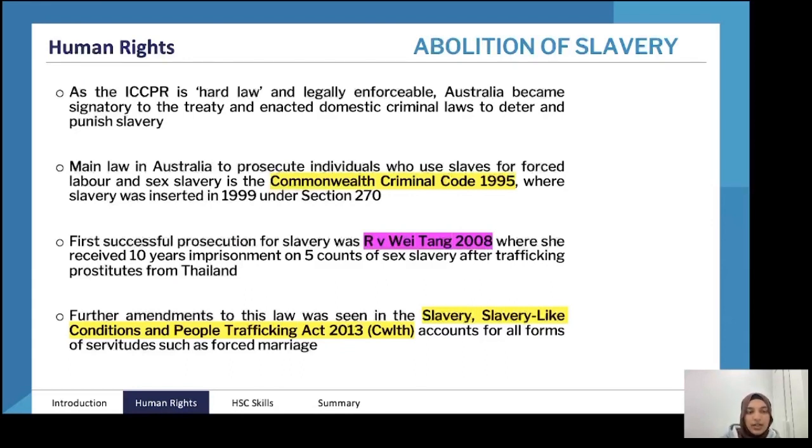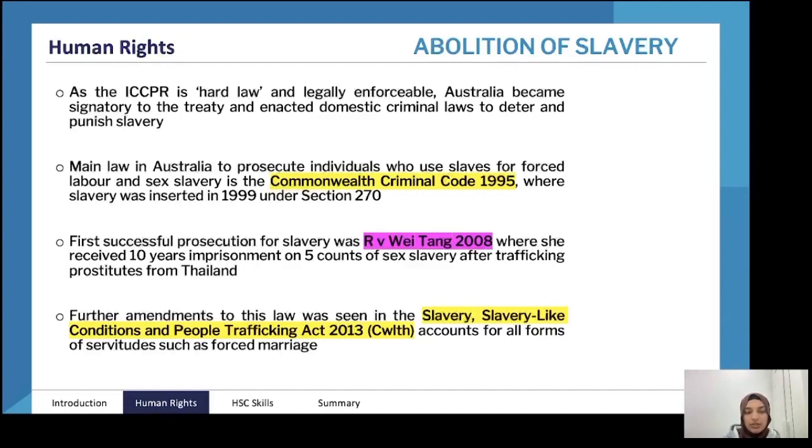So the ICCPR became legally enforceable in Australia when Australia became a signatory to the treaty and enacted it into domestic criminal laws, which means that it becomes a hard law. And this was done in order to prevent slavery and punish it as well if anyone was caught committing that act.